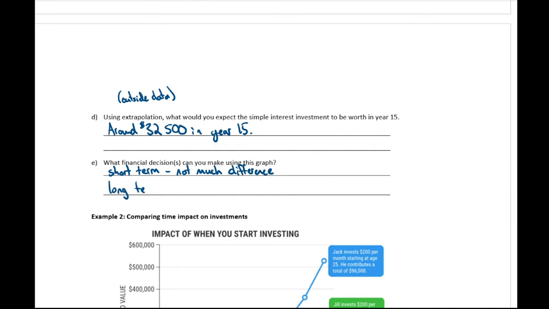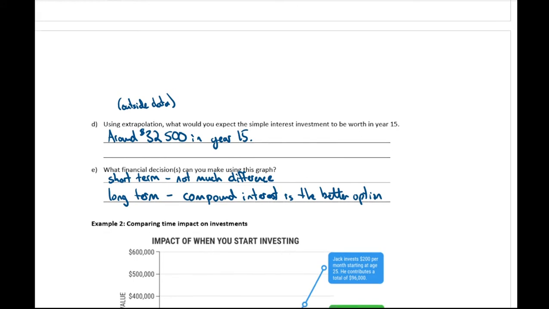Long-term, compound interest definitely gets you more, or is the better option. Right? Because it's growing at a faster rate over time. Right? So short term, there's not much of a difference, but when you get into the long term, you can see that compound interest is the better option.